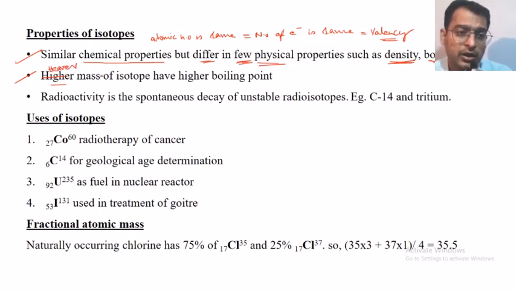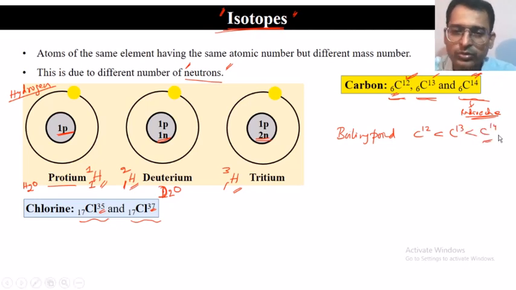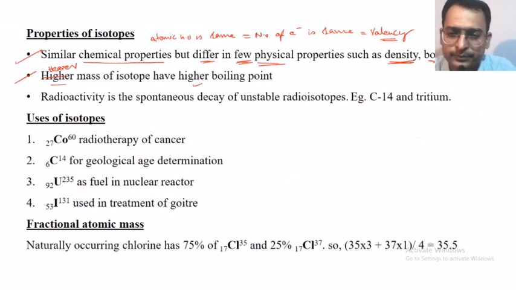The heavier mass of the isotope has the higher boiling point. So if you take the boiling point, C12 will be less than C13 will be less than C14. So C14 will have the higher boiling point than C12 and C13.